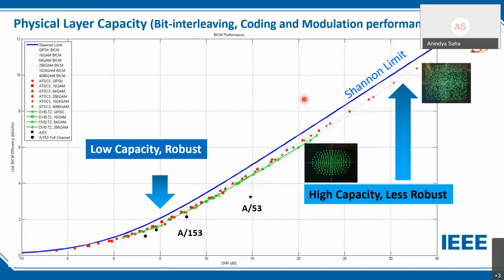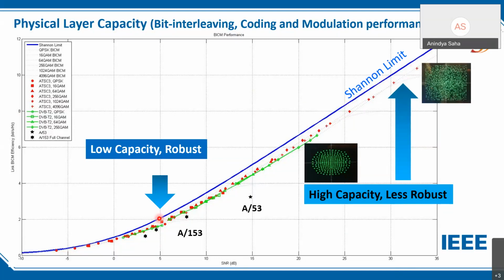Then you might like to target something like a rooftop antenna, where you really want very, very high capacity. The goal there is to get more bits per second. You can see you can get close to 10 or 8. You are less worried about the robustness. What happens with a rooftop antenna is that you get a lot of link margin, and that enables you to achieve these kinds of high SNRs.